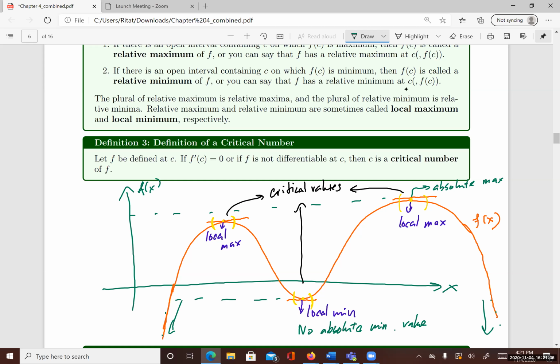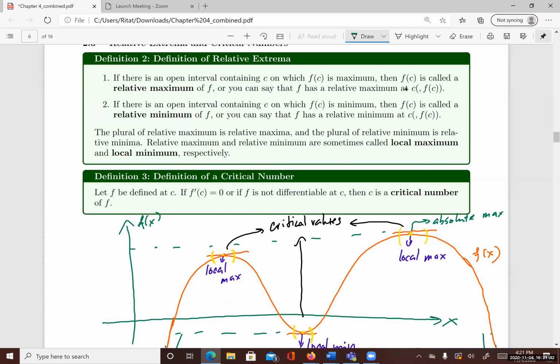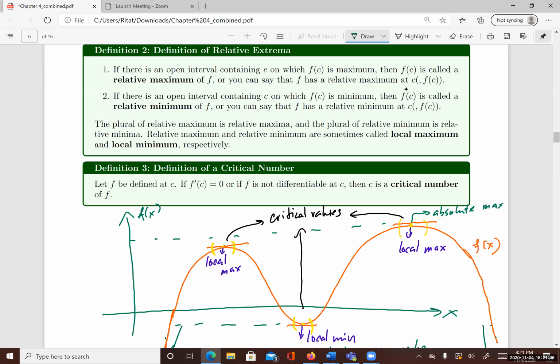Okay, so no absolute minimum value. And again, I just want to emphasize the difference between global extrema and local extrema.